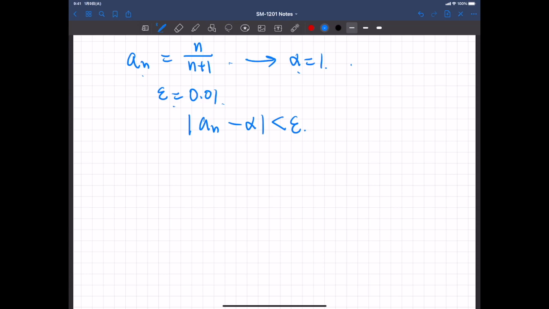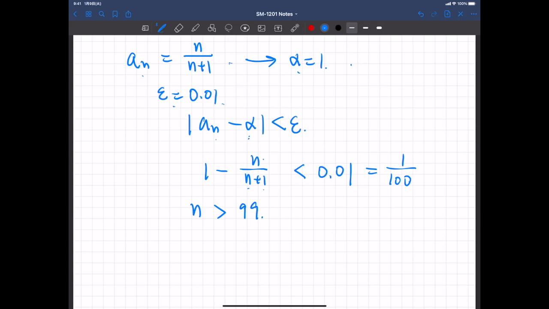For convenience, we swap alpha and a_n. So in this case, we have 1 minus n over n plus 1 less than 0.01. And n over n plus 1 is always less than 1, so we can just get rid of the absolute value. If we solve this inequality, so this 0.01 is 1 over 100, we find that n should be greater than 99.